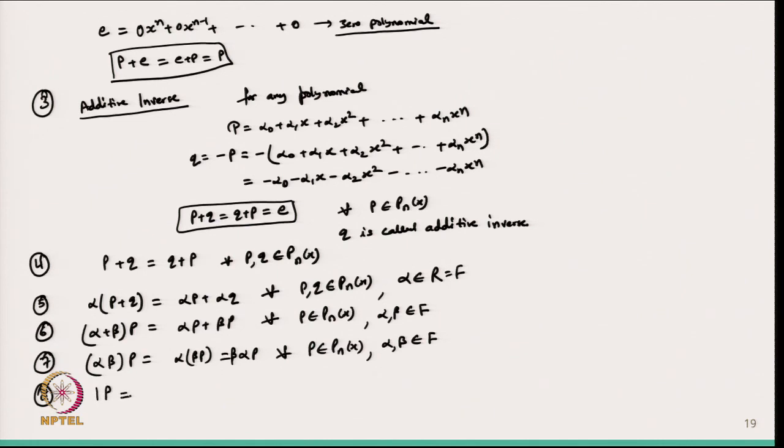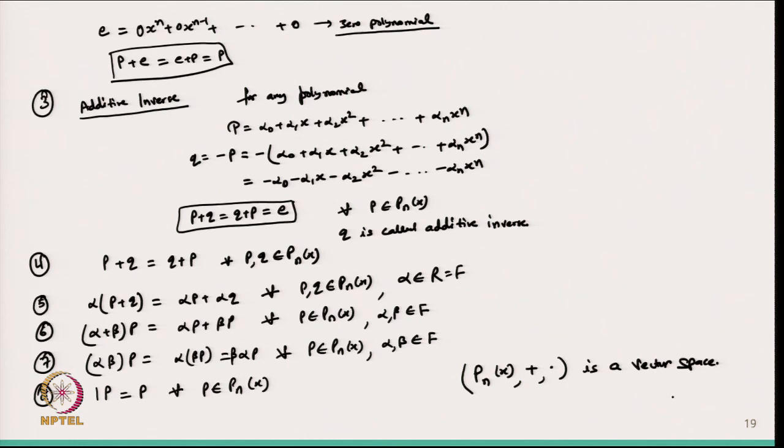Any polynomial multiplied by the scalar 1 is definitely equal to p, and this is true for all p belonging to the given set P n x. So, it means that it satisfies all the given properties. Then from here I can always say that P n x, the set of all the polynomials of degree less than or equal to n, under the usual addition and scalar multiplication is a vector space.